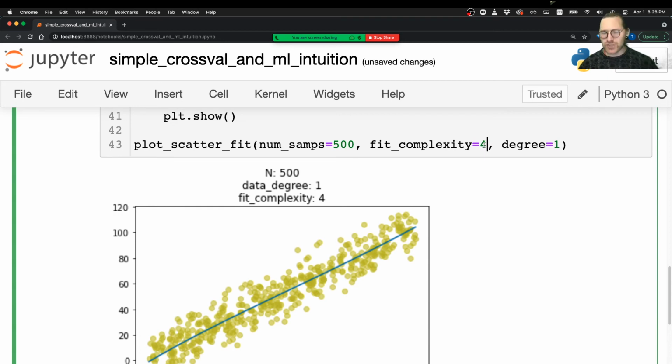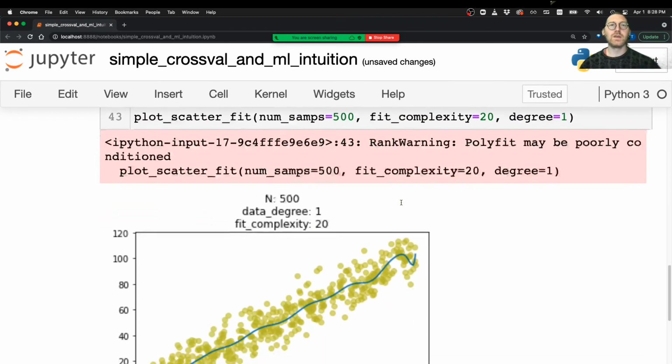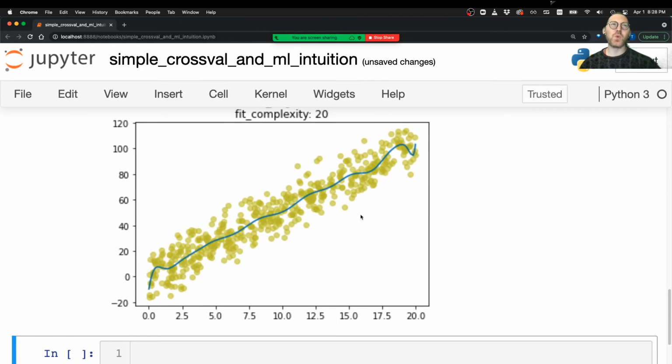And even if I change this to a fit complexity of 20, that's still not doing the worst. It gets weird over here, but that's not doing so terrible. If we took this into production, it would predict pretty well on new data that's coming from the same phenomenon.